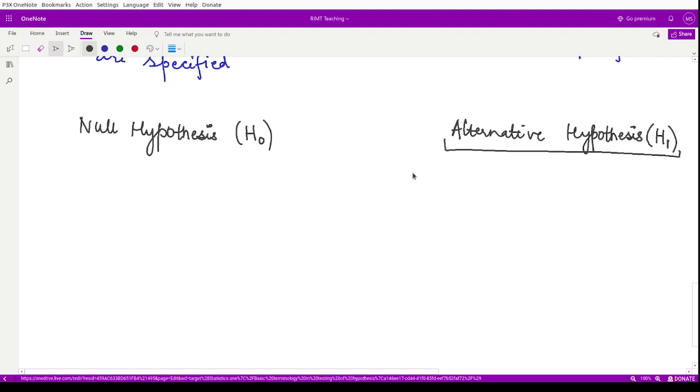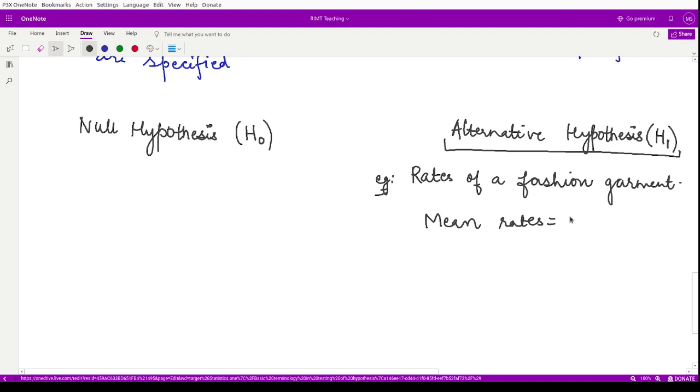Suppose we wanted to check the rates of a fashion brand. In that case, we say that the mean rates are equal to, say, 1000, right? So this is our alternative hypothesis, that the mean rate of the given sample is equal to 1000.